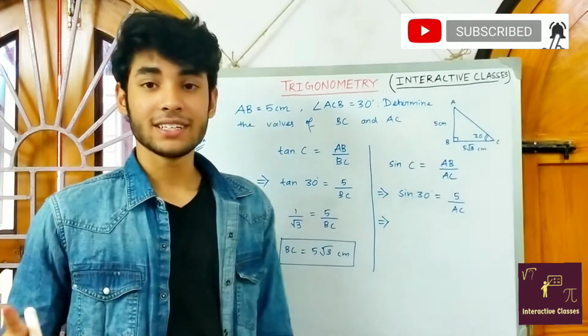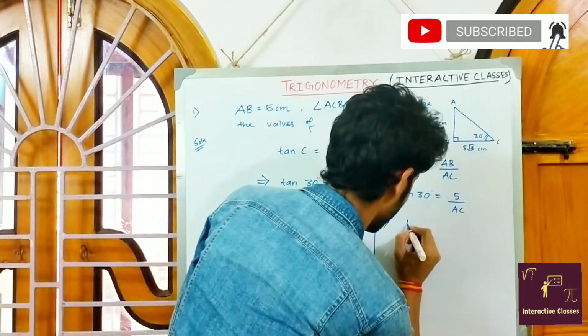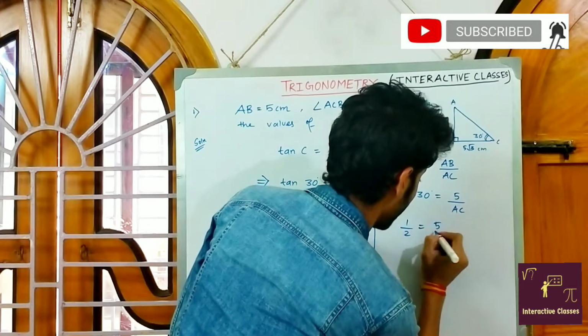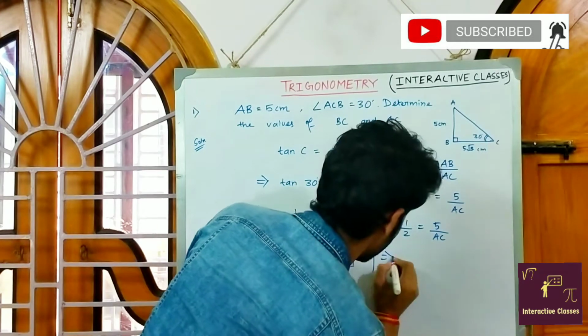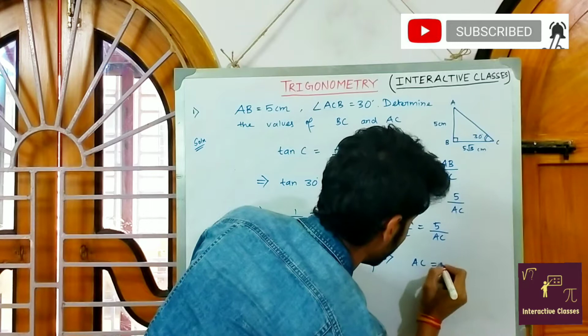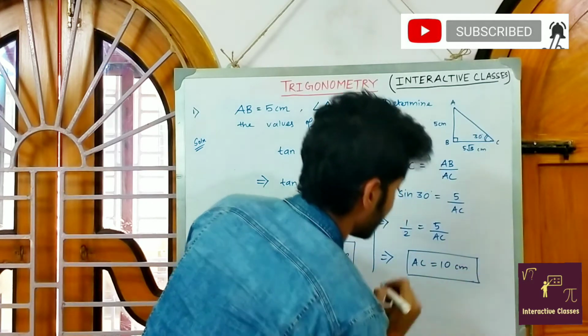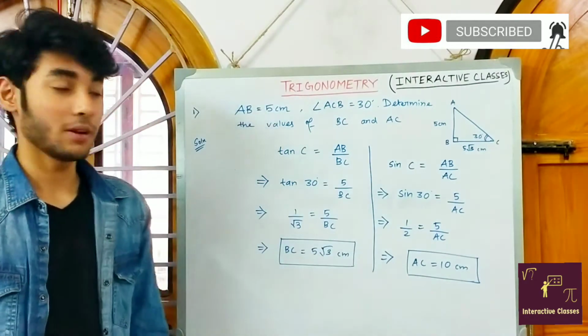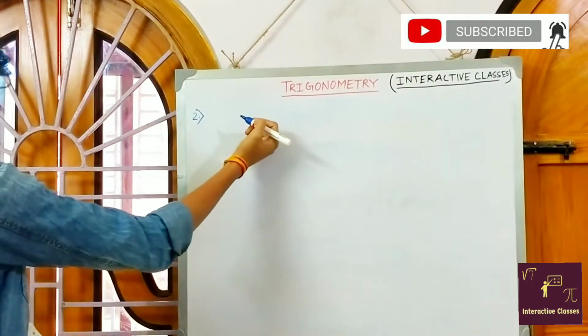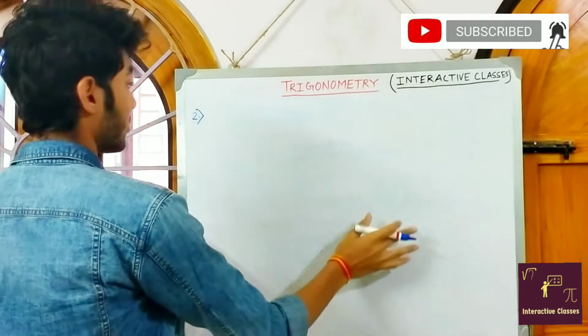And the value of sin 30 is nothing but half. Half equals 5 by AC. So AC equals 10 centimeter by cross multiplication. So we are done with the first problem. Let's come to the next problem.